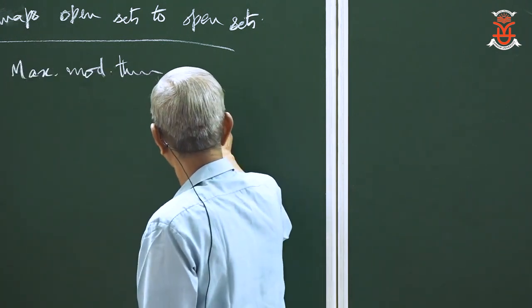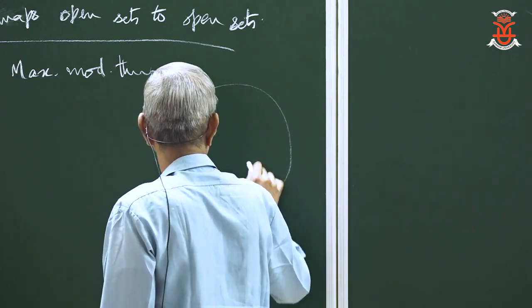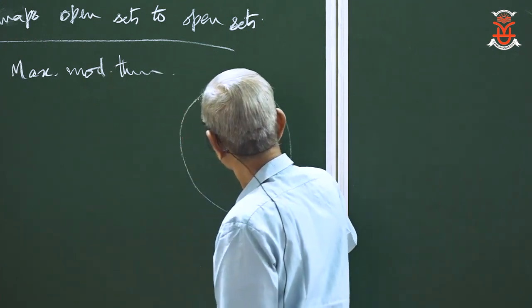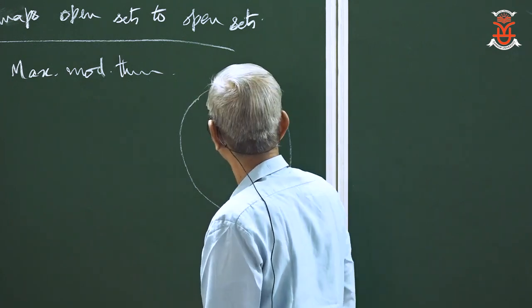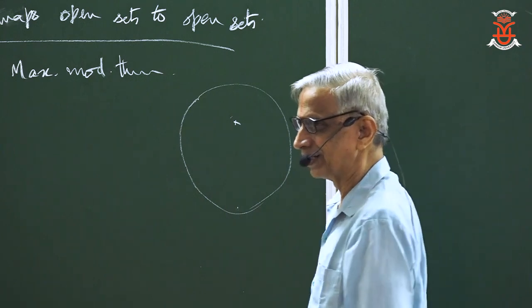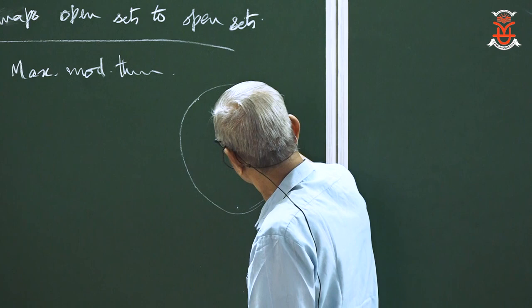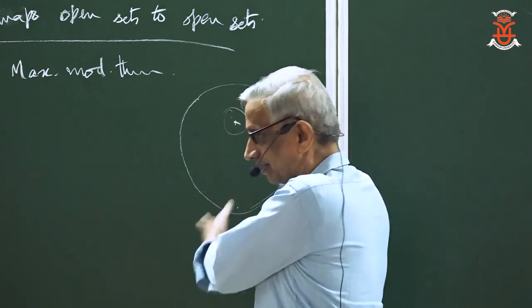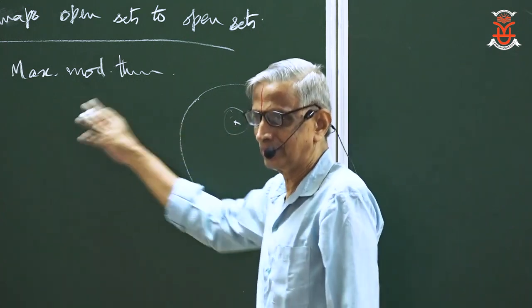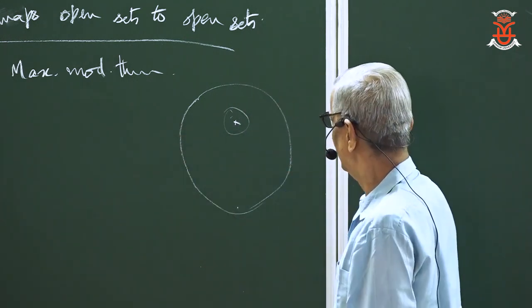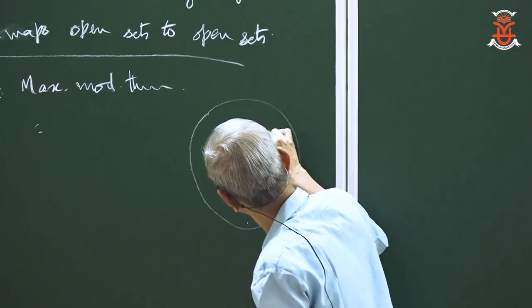So geometrically, if you take any point in the range, it's going to contain a neighborhood, the image of a neighborhood of the point here, right?